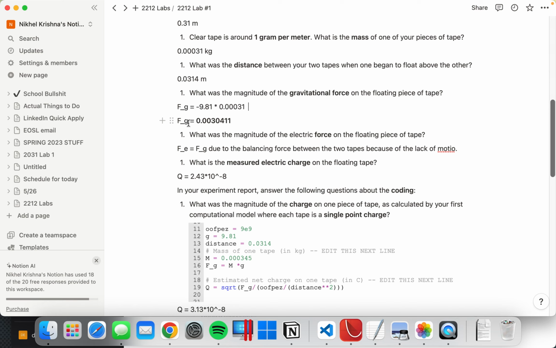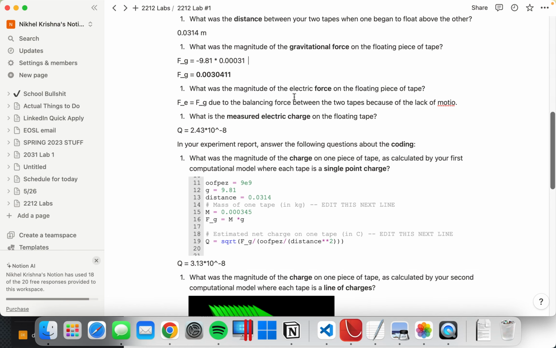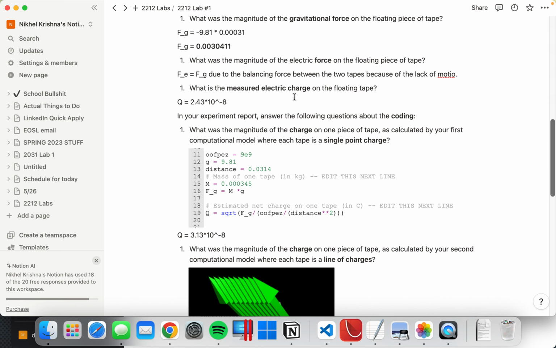We also can say that the magnitude of the electrical force is equal to the magnitude of the gravitational force because of the balancing force that occurs due to the lack of motion. By using the excess number of atoms, our measured electric charge through our experiment was 2.43 times 10 to the negative 8 coulombs.